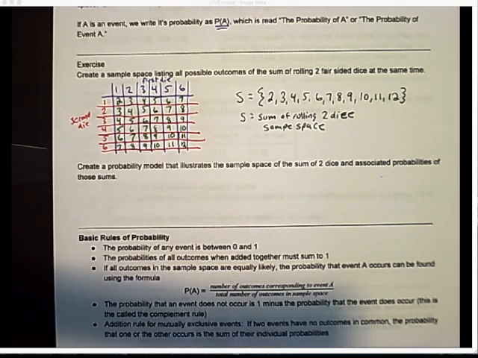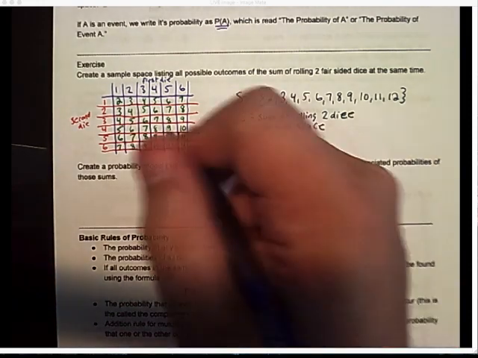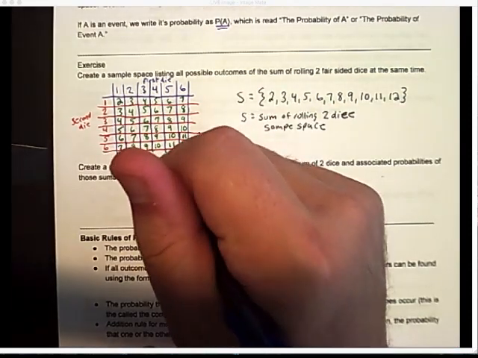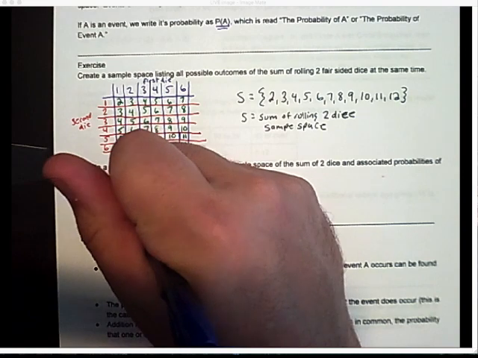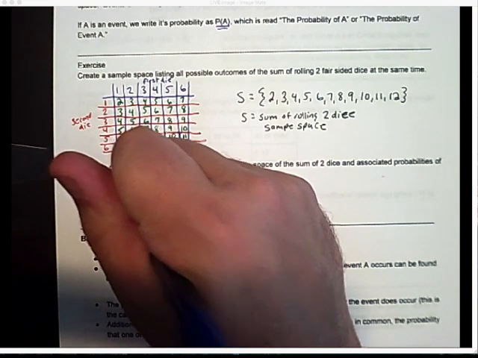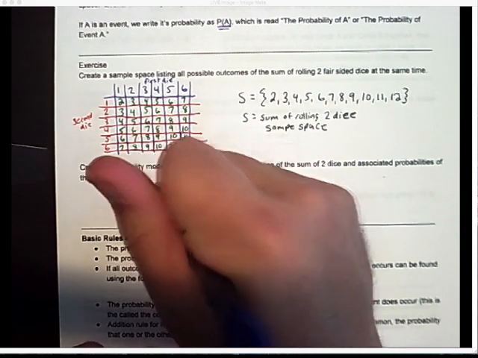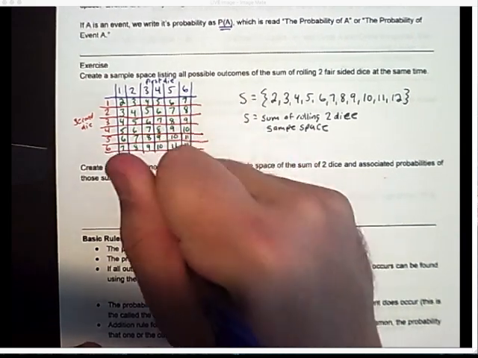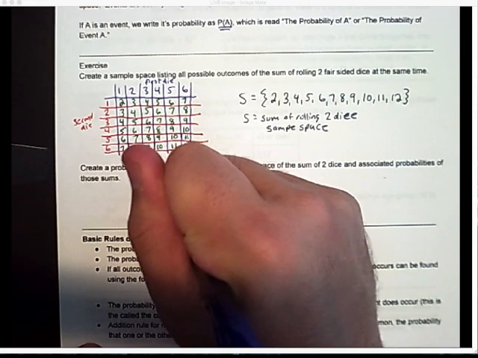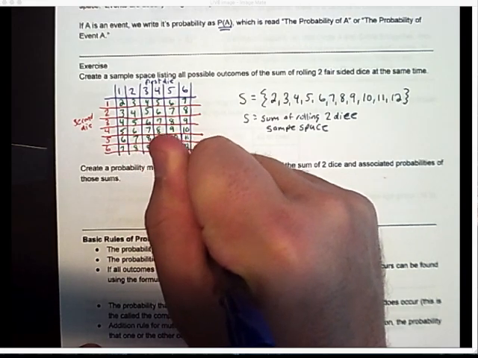And then the second part asks me to create a probability model. In a probability model, we have outcomes, and then we have the probability of those outcomes, or those events.